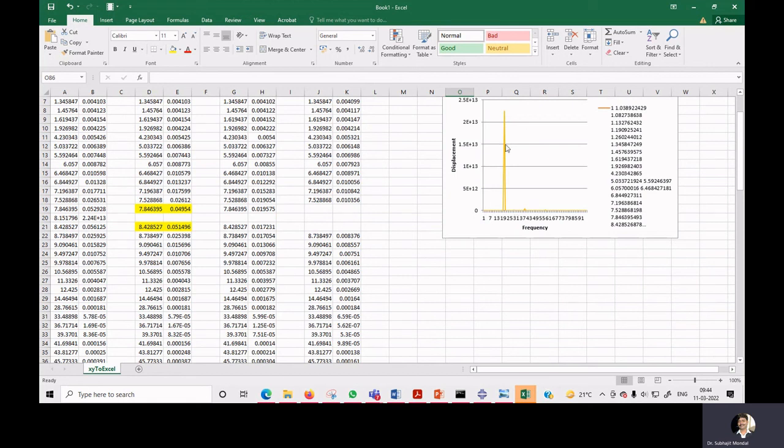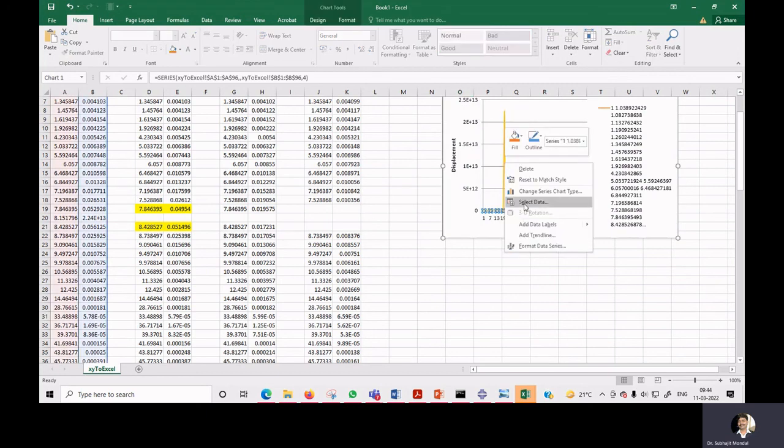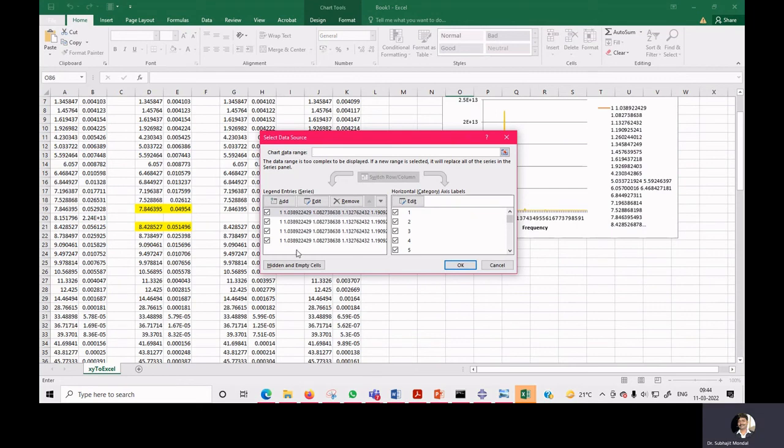Here you can see that the magnitude of undamped displacement is coming quite high, in the range of e to the power 13. That is quite high. So I am going to delete that data, which corresponds to our undamped systems.